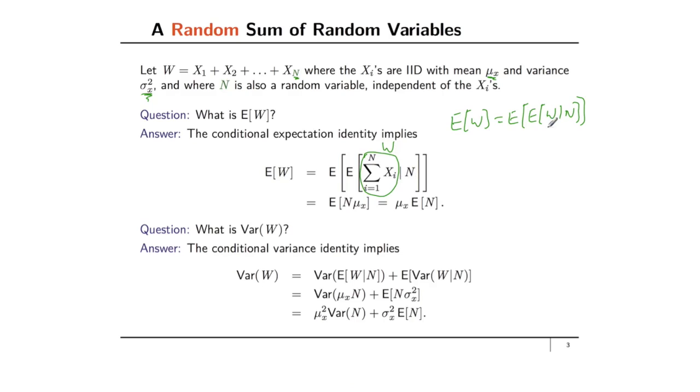If you think about it, the expected value of w given n is equal to the expected value of the summation, i equals 1 to n, of the xi's.